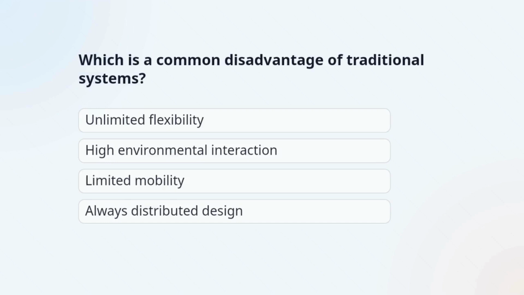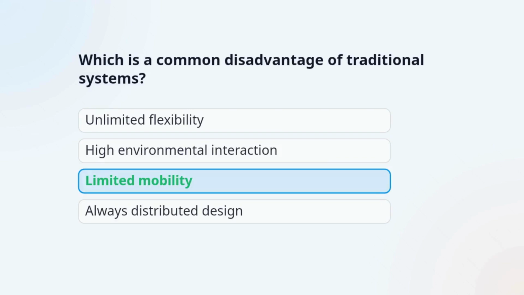Question 3. Which is a common disadvantage of traditional systems? The correct answer is limited mobility. Traditional systems are often less portable and less suited for mobile or on-the-go usage.